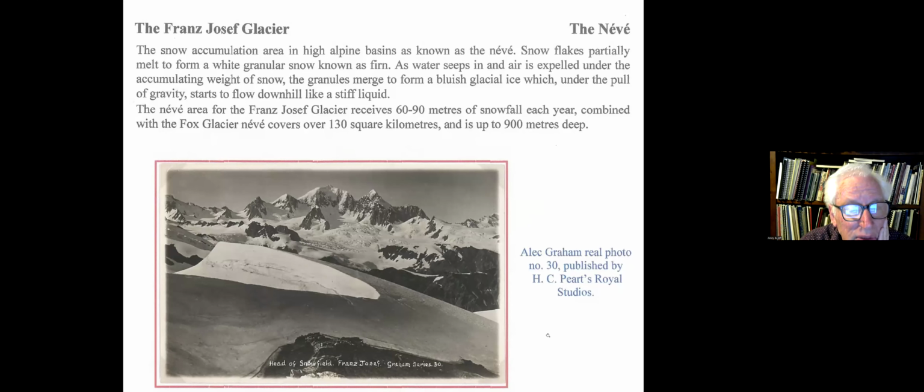The reason that you've got these temperate climate glaciers is because of the amount of neve. That's the snow accumulation area. For the Fox and Franz Josef glaciers, although they're separate glaciers, the combined snow collection area, which is known as the neve, covers over 130 square kilometers. So there's a huge amount of snow accumulation, and as it compacts down to form ice, it flows down the valley.